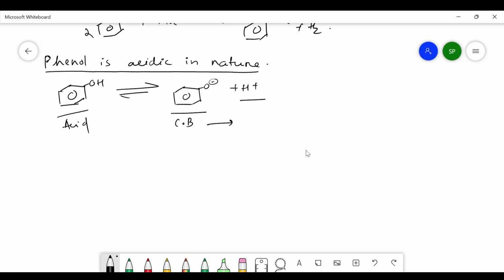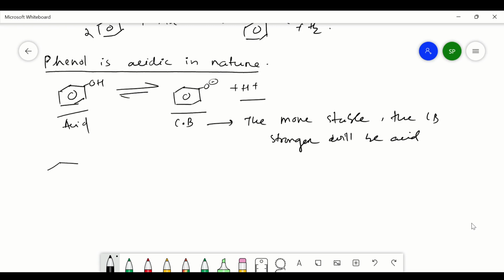The more stable the conjugate base, the stronger the acid. So if we account for the stability of the phenoxide ion, this phenoxide ion is stabilized by 5 resonating structures.